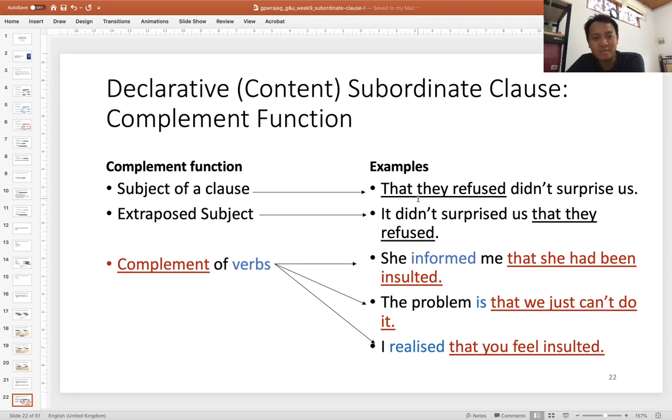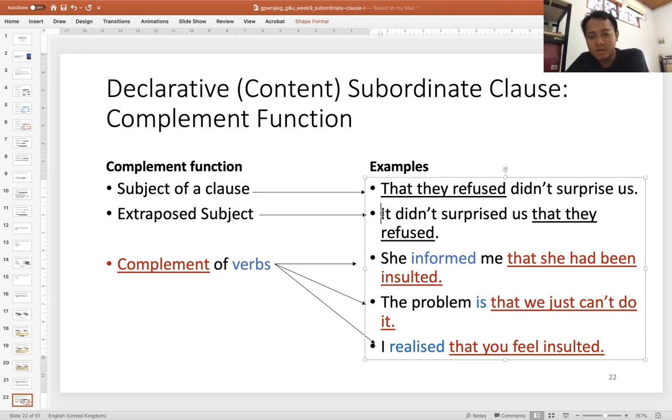Those are examples of the declarative subordinate clause functioning as subject. And it can also function as extraposed subject, a subject that is moved to the end of a main clause and replaced by it: it didn't surprise us that they refused.